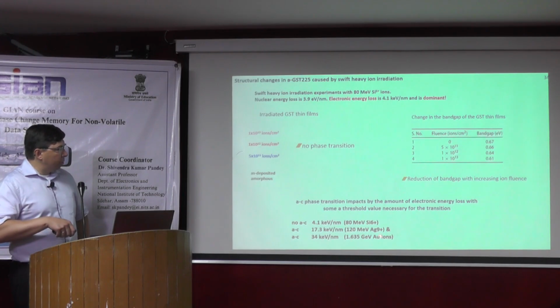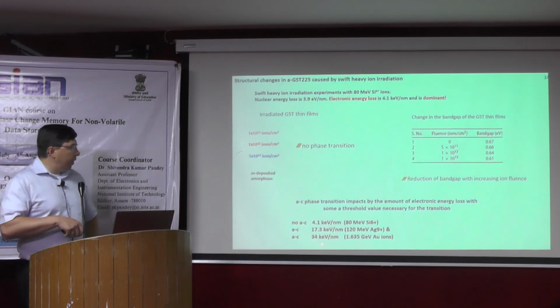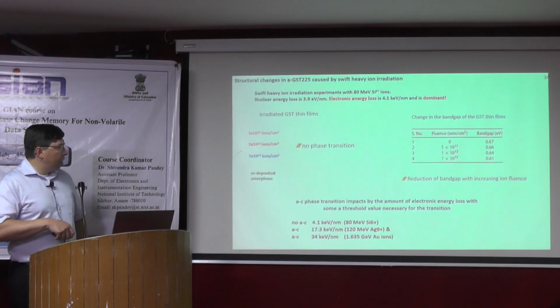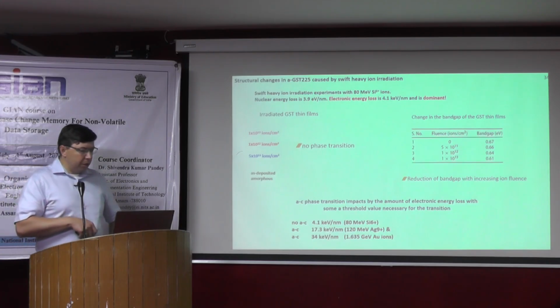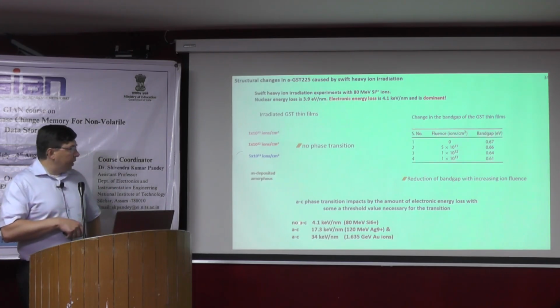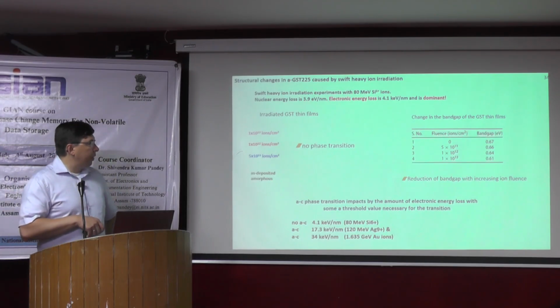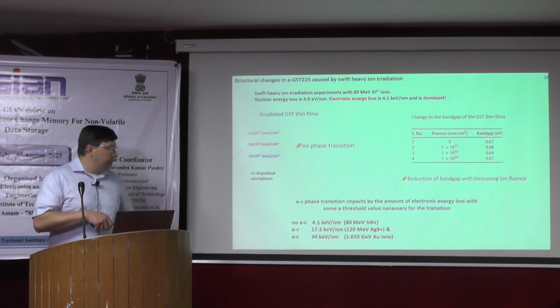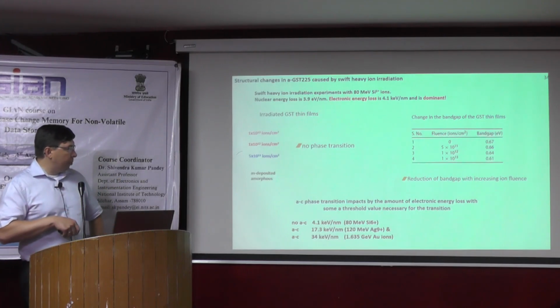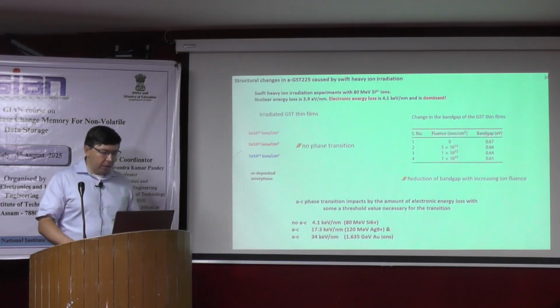For the highest value, it was 34 keV per nanometer, and then it was reducing. For these cases, we found the amorphous to crystalline phase transition, while in the low energy electronic energy loss case there was no amorphous to crystalline transition, and this shows that there is some threshold value necessary for this amorphous to crystalline phase transition.